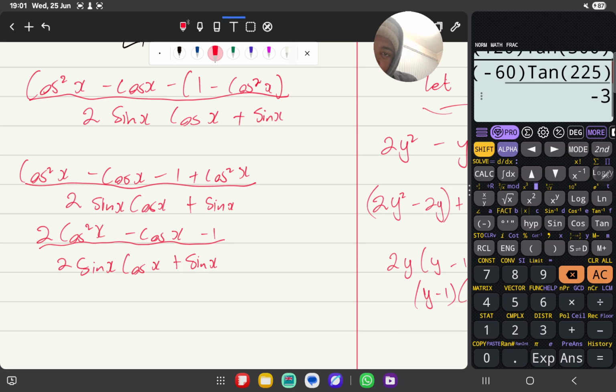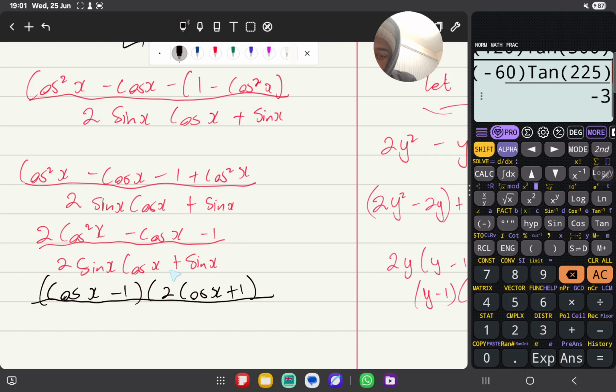Let me use a different color just so that it's visible. So you have cos x minus 1, right? And then you have 2 cos x plus 1, right? And then we factorize this one.